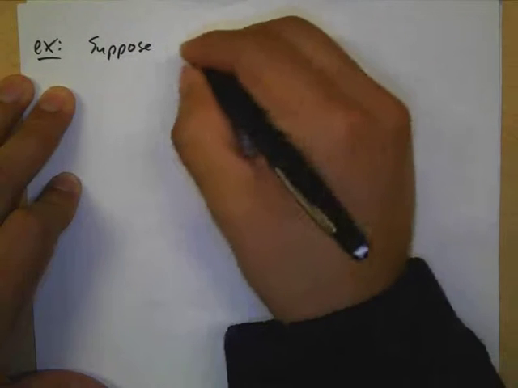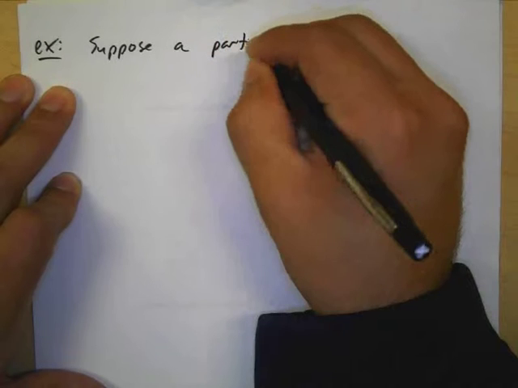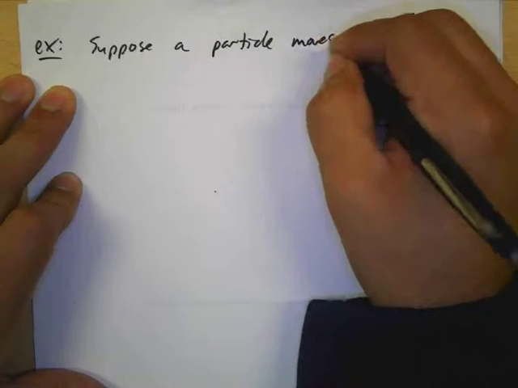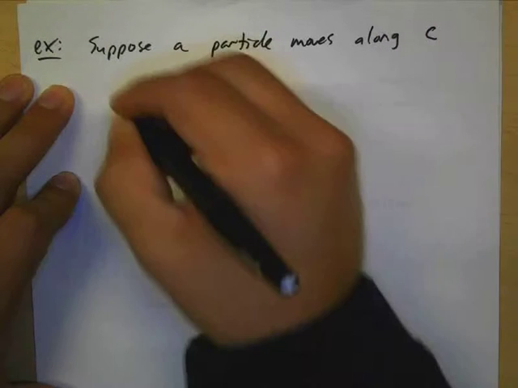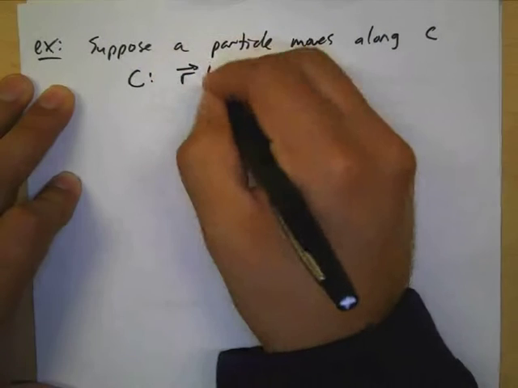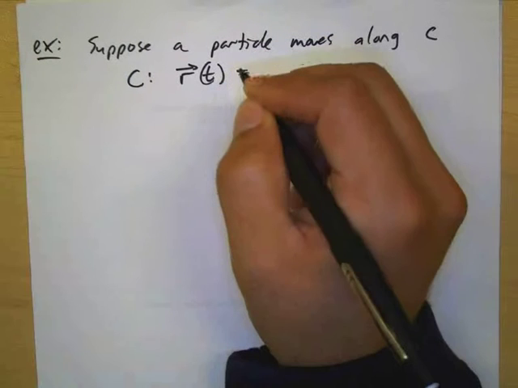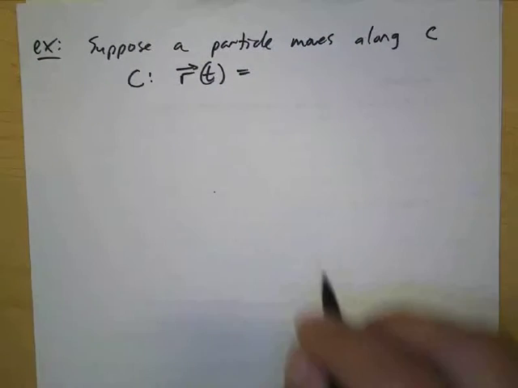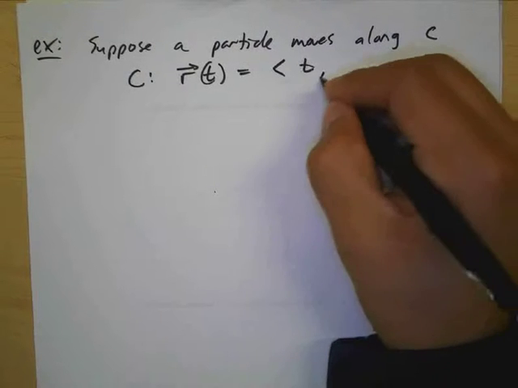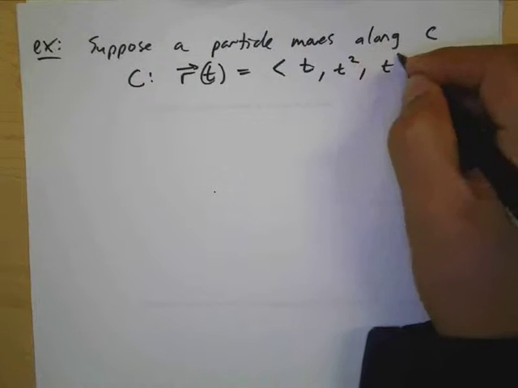Okay, suppose a particle moves along C, and C is defined by the vector valued function t squared, t cubed.